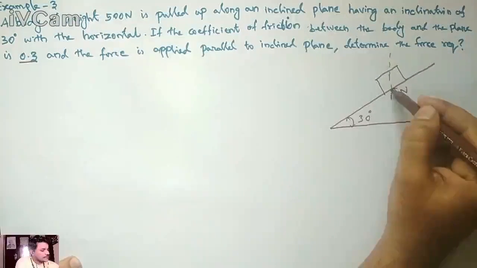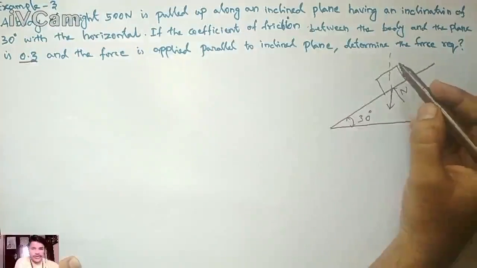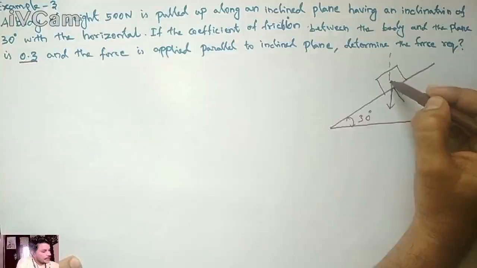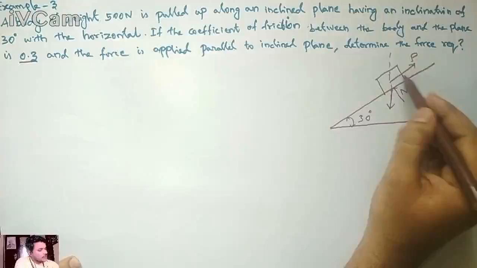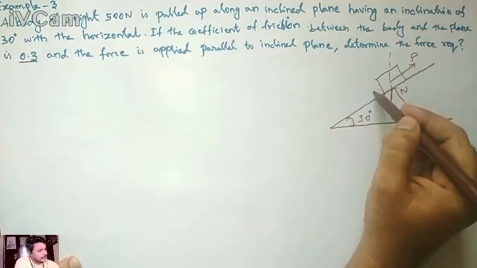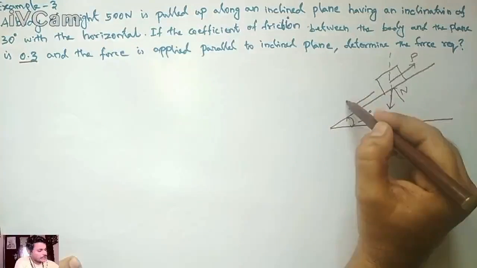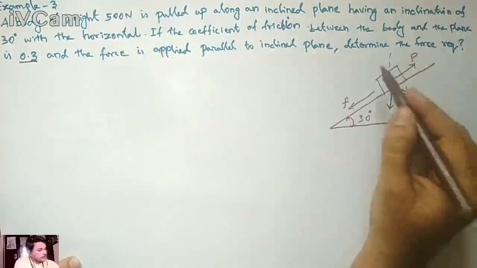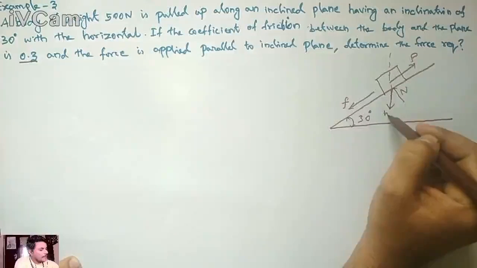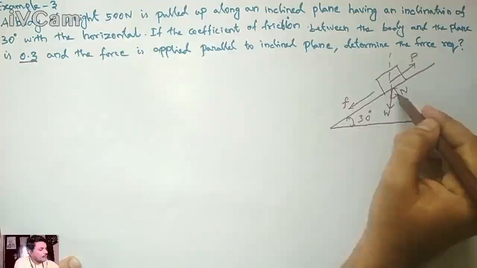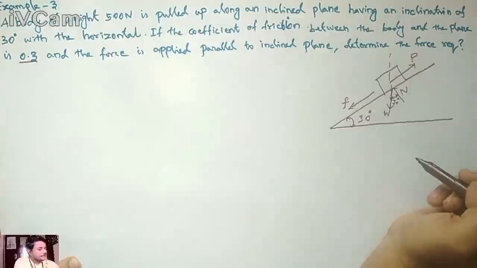The weight of the object is acting downward, and there is an external force acting in the upward direction. That is P. Once the external force is there, there is always frictional resistance in the opposite direction, F. So this is the problem. This W, that is the weight of the object, makes an angle of 30 degrees with the vertical.